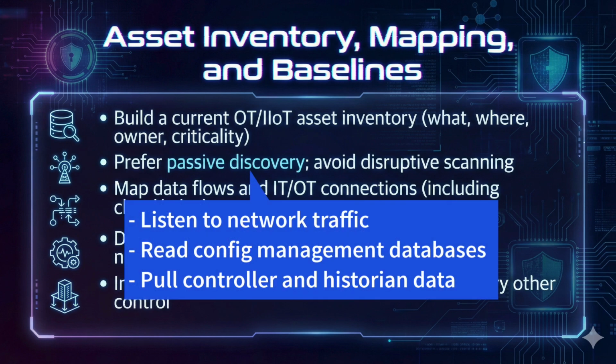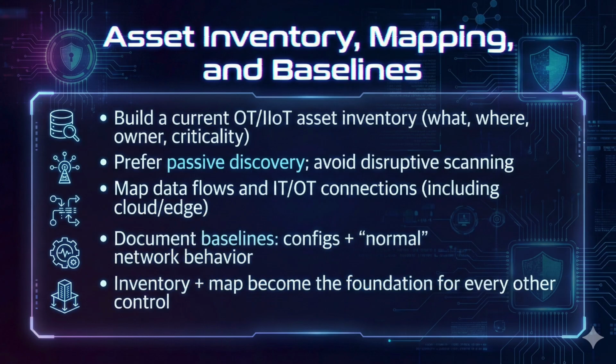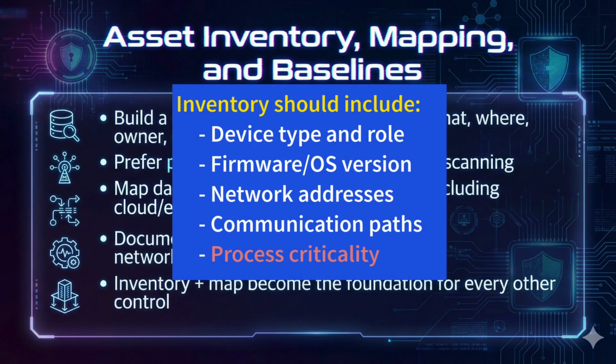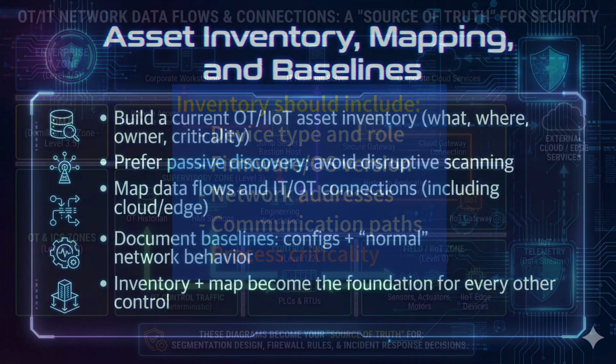Passive methods, listening to network traffic, reading configuration management databases, pulling data from controllers and historians, often work better than aggressive scans that can disrupt fragile devices. Your inventory should include device type and role, firmware/OS versions, network addresses, communication paths, and, crucially, process criticality. A PLC controlling a safety-related function is not the same as a temperature sensor feeding a dashboard.